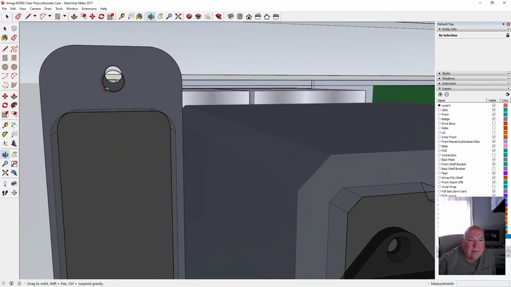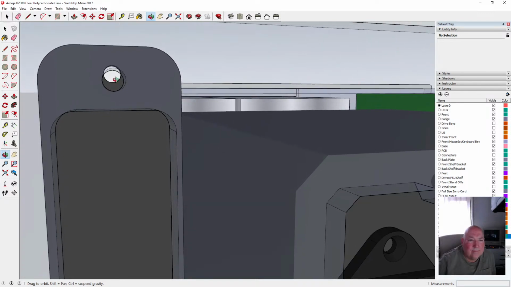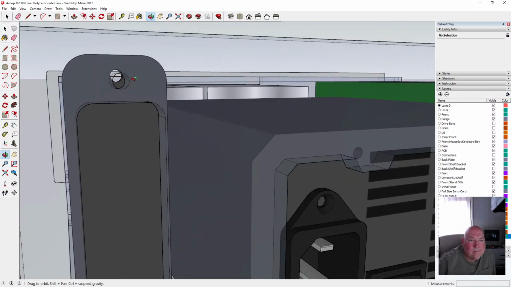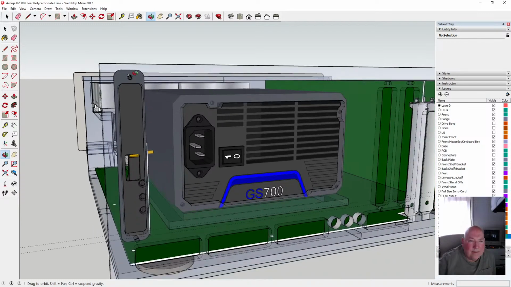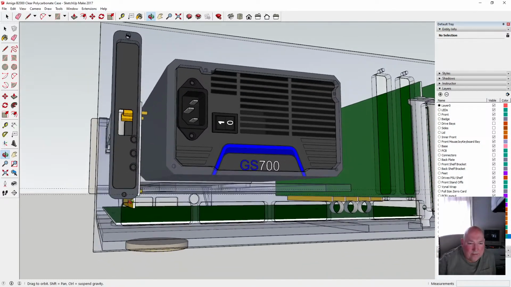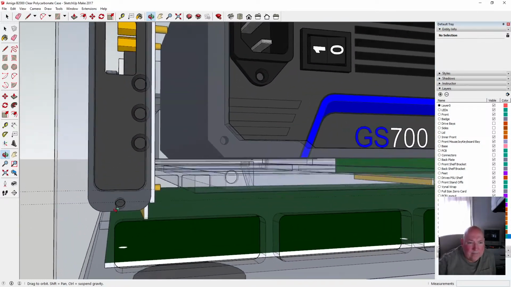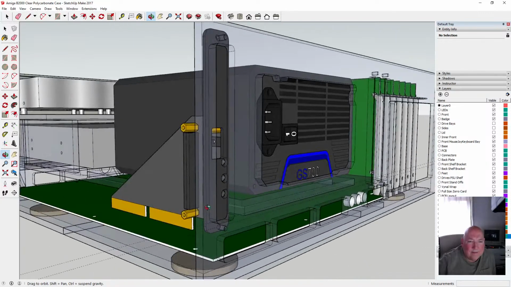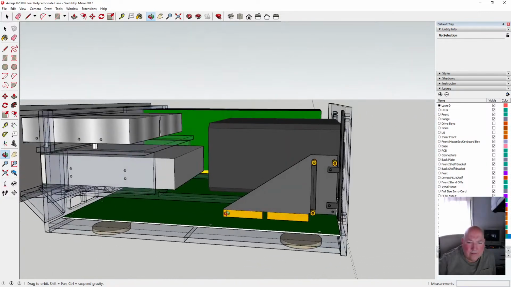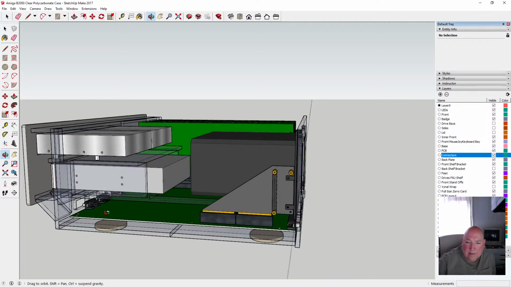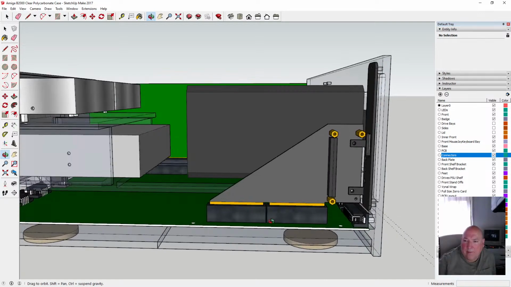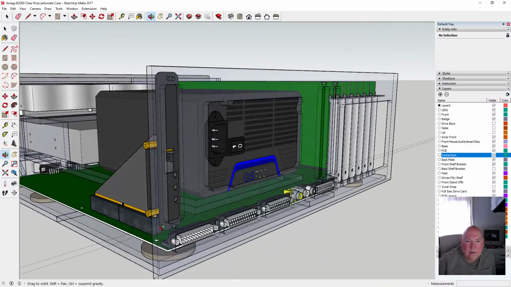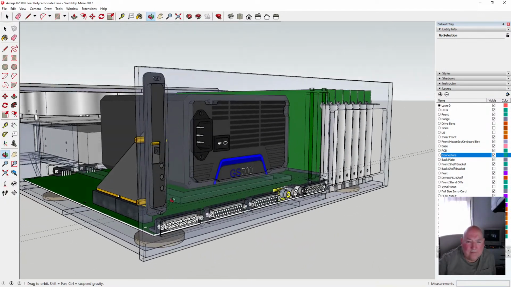Very small amount. There is no hole at the bottom. Let's put the connectors back. Only out by a small amount, but nevertheless it is out.